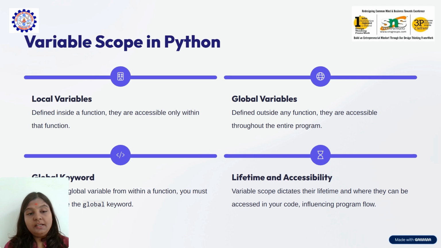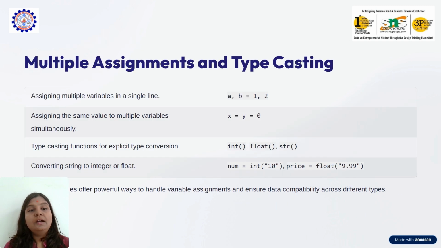Global keyword: to modify a global variable from within a function, you must explicitly use the global keyword. Lifetime and accessibility: variable scope dictates their lifetime and where they can be accessed in your code, influencing program flow.